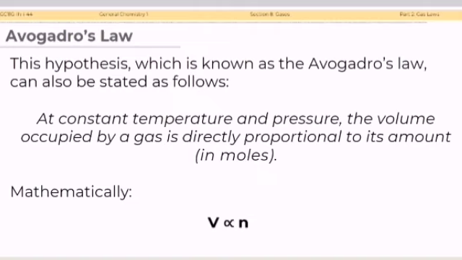This hypothesis, known as Avogadro's law, can also be stated as follows: at constant temperature and pressure, the volume occupied by a gas is directly proportional to its amount in moles. It can be mathematically expressed as V directly proportional to n.